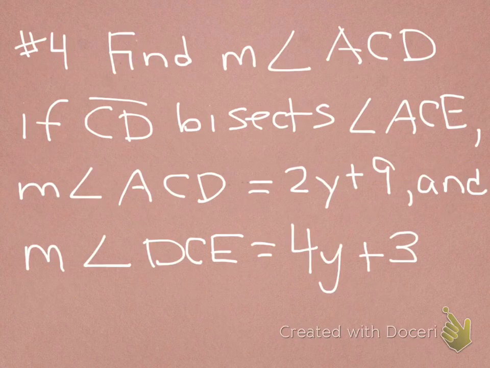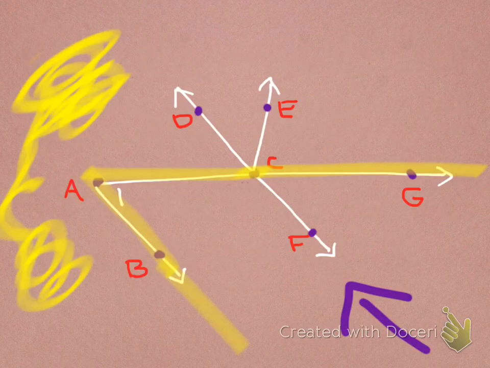And then the last question we have is the angle ACD that we need to find. So it tells us that CD bisects ACE, which means that CD, right here, is going to cut ACE into two equal parts. This one and this one.